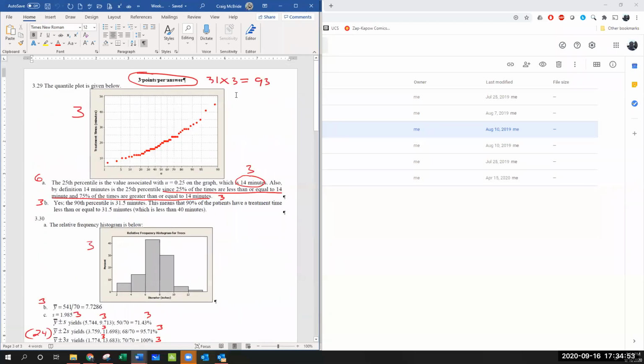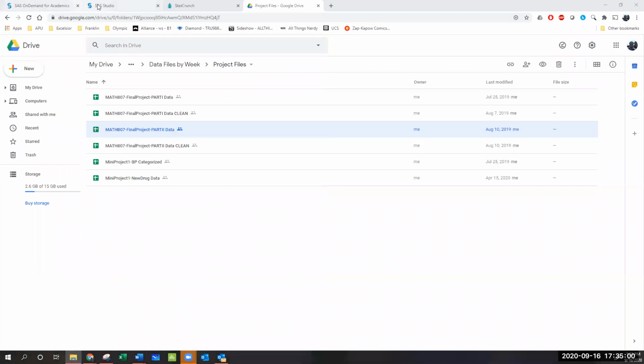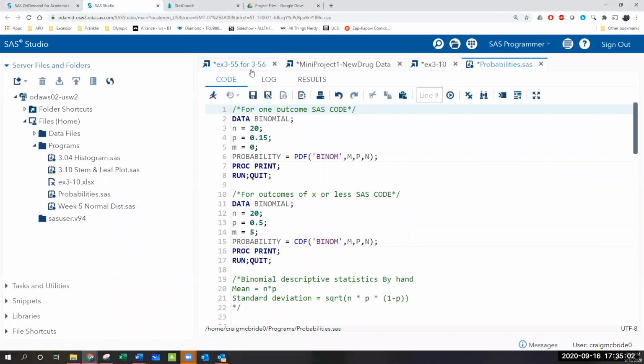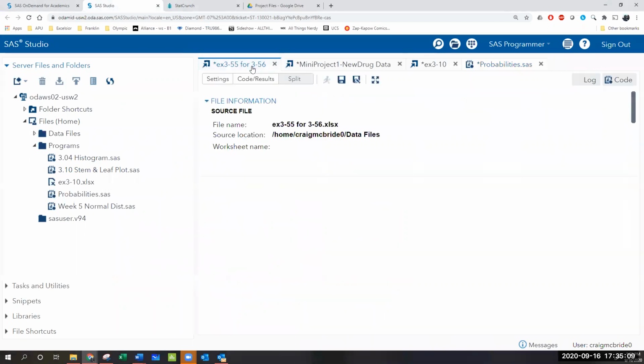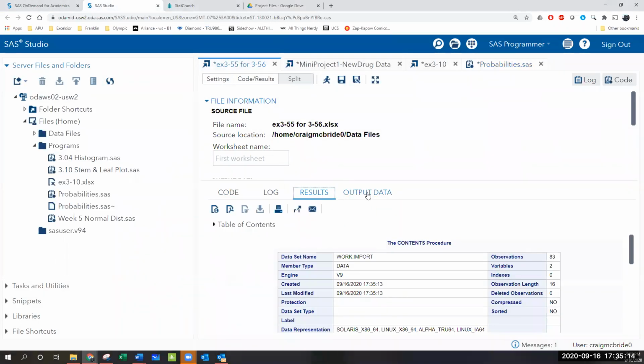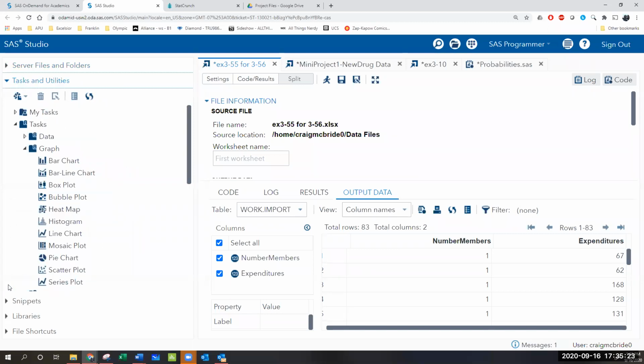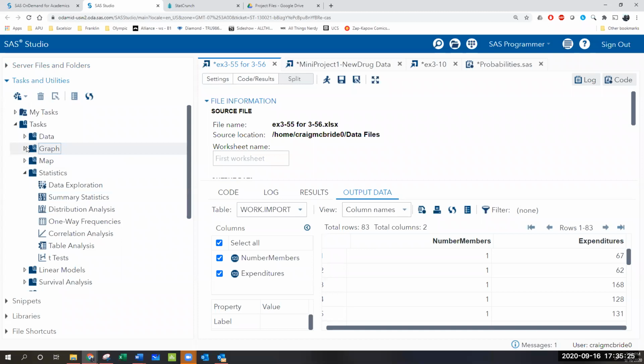Well, when you run a QQ plot, we did it before in SAS. If you tell it to do the inset variables, right? Let me just put a random data set in here. Tasks and utilities.